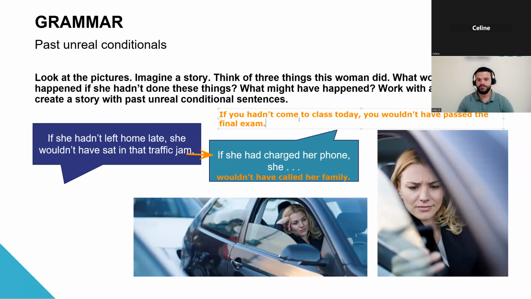Can you think of an example? Hadn't come, wouldn't have. Think of one example.